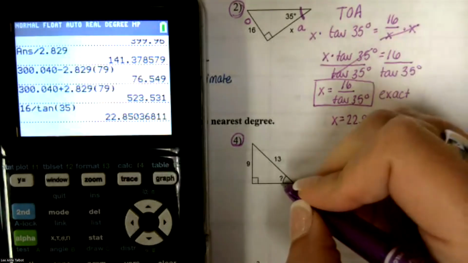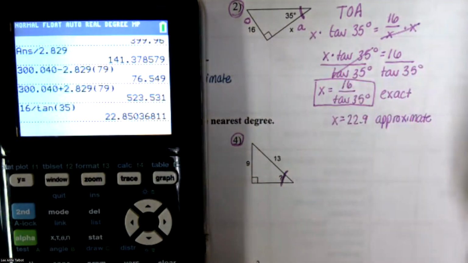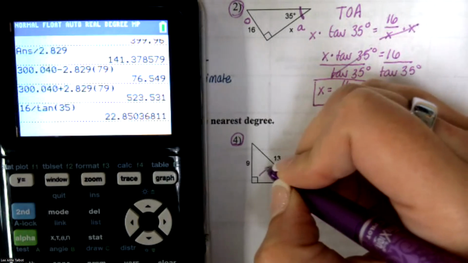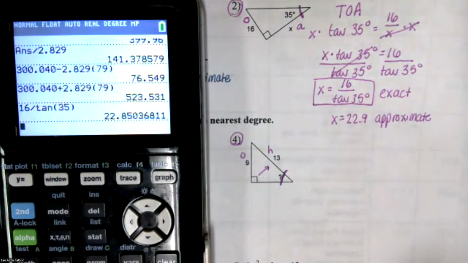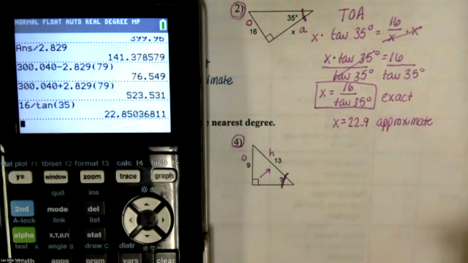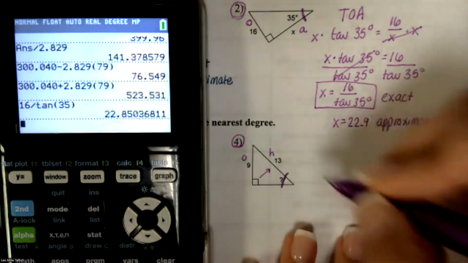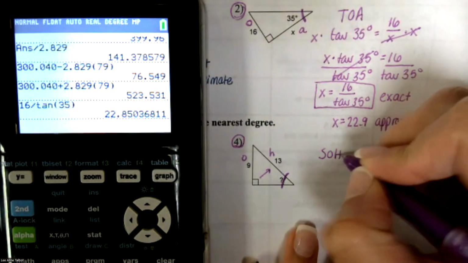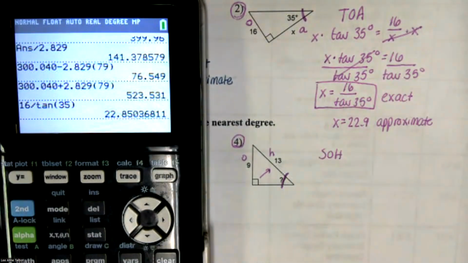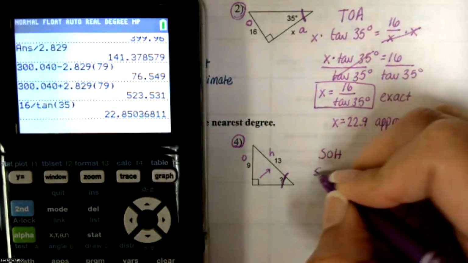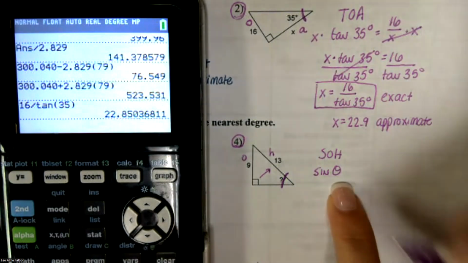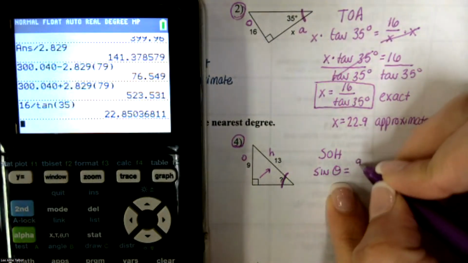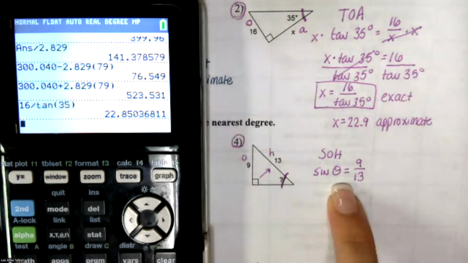All right, last one, angles marked. 13 is the hypotenuse. 9 is opposite. Isn't it exciting that we don't have cosine today? This one is sine. Sine theta, again, you can use x there if you don't like theta, equals opposite over hypotenuse.